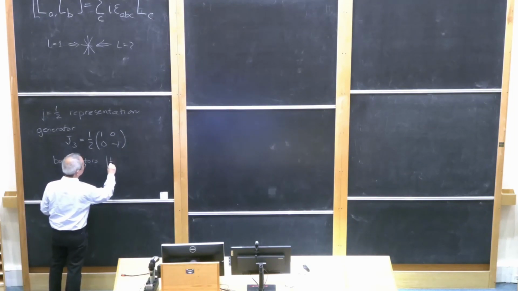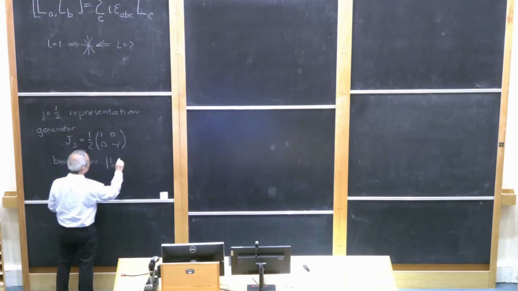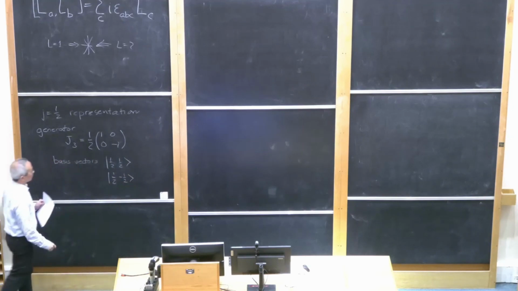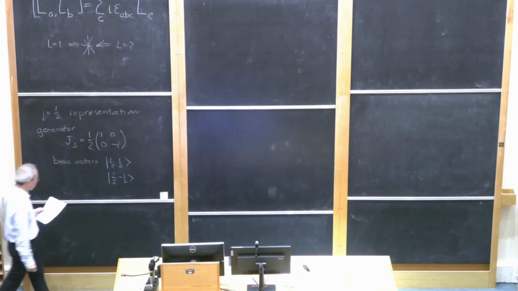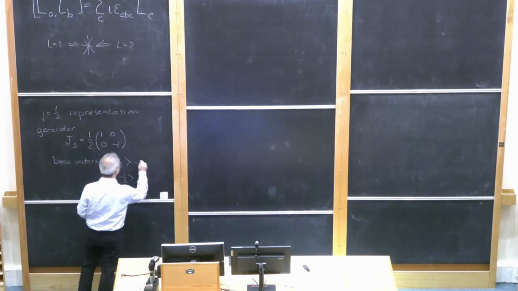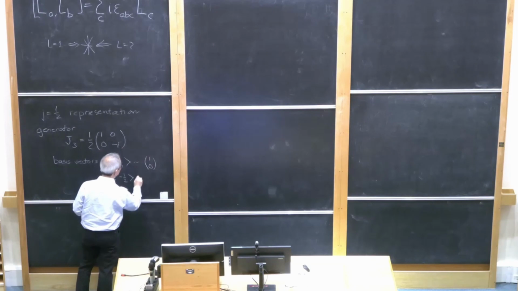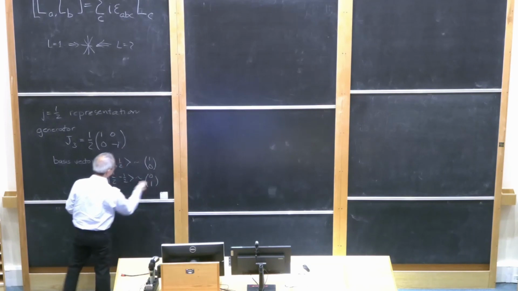If we were doing JM notation, then in terms of kets, you could write them this way. In terms of column vectors, for this basis, you would write it that way.